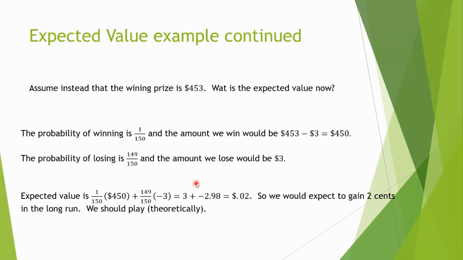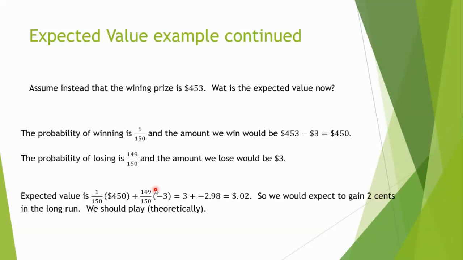But notice now, if we calculate expected value, we actually get something positive. We get 2 cents. Now, 2 cents is not a lot, but what that does imply is this is now the kind of game we should play in the long run, because in the long run, we would expect to gain 2 cents.